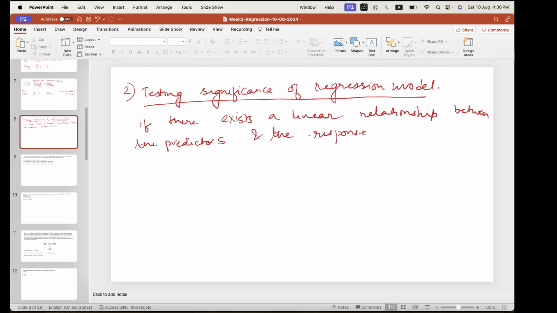Okay, so whether whatever predictor we have selected, they are actually useful in predicting the response or not.